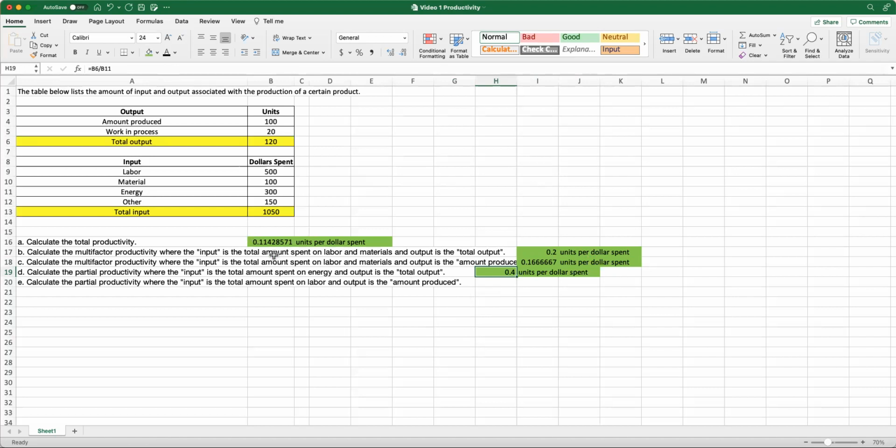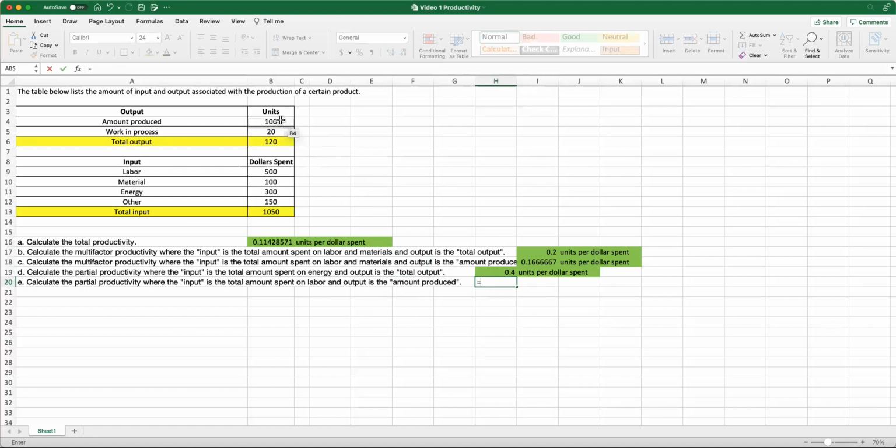And for example, if you look at part A, we can say that for each dollar spent on all of our inputs, we are producing 0.11 units. And let's look at the last question here, which is another partial productivity question, but the output is the amount produced in this case, and the input is the amount spent on labor.